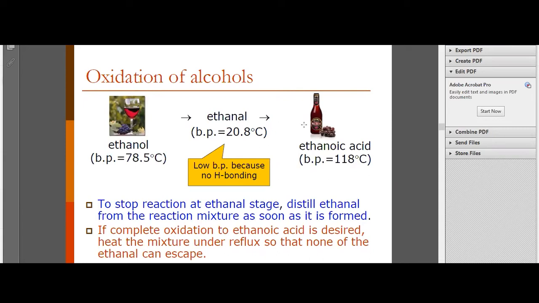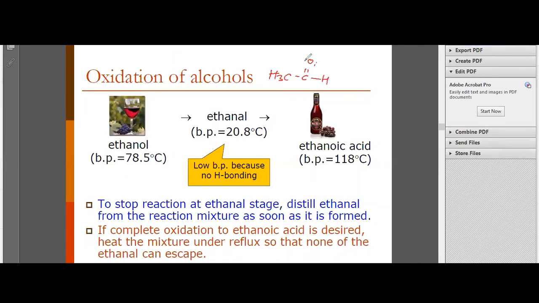Why? Because its boiling point is just 20.8, very different from ethanol, which has hydrogen bonds. Ethanal has no possibility of forming hydrogen bonds. You know that ethanal is CH3CHO.